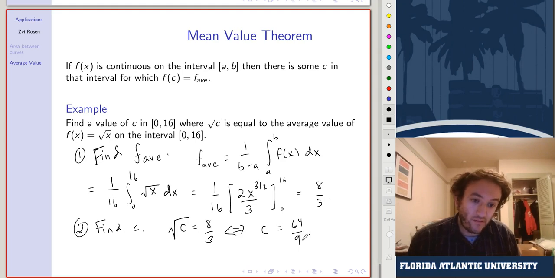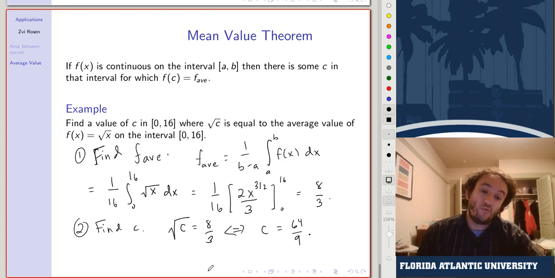And that's the precise value that gives you the average value over that entire interval. That's an illustration of the mean value theorem. You're able to find a point where the function value is the average value over the interval.